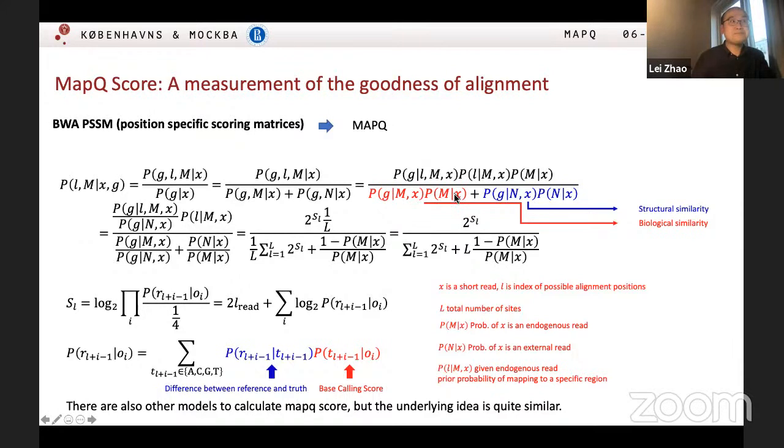And if the reads come from an external source and you just map them to a reference genome, it is this part. And I will just go through it.